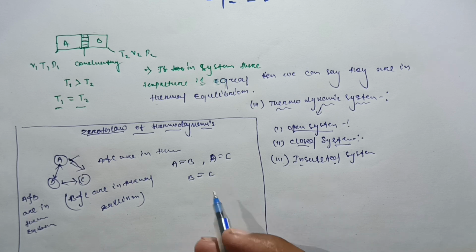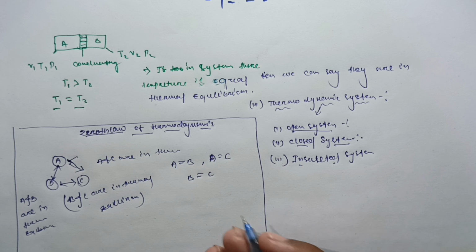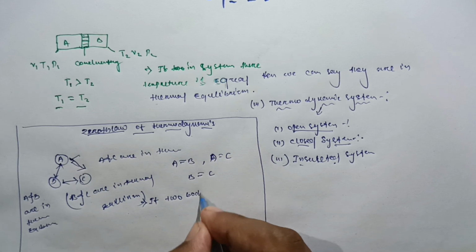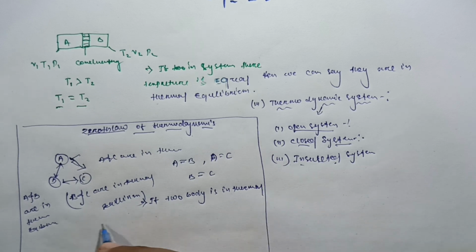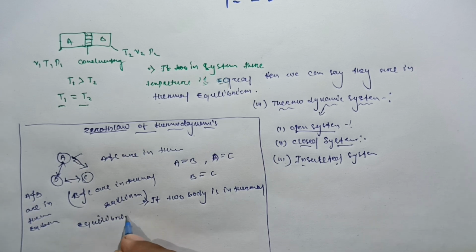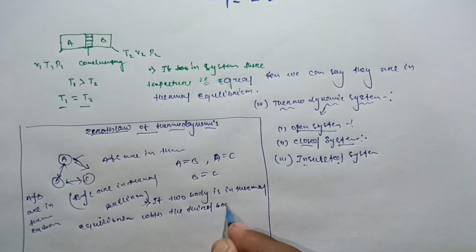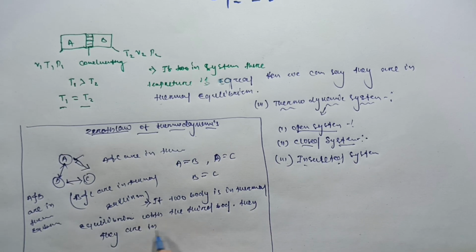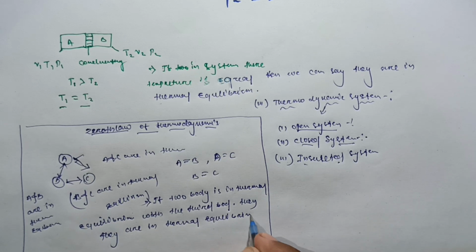So the definition of the zeroth law of thermodynamics will be: if two bodies are in thermal equilibrium with a third body, then they are in thermal equilibrium with each other.